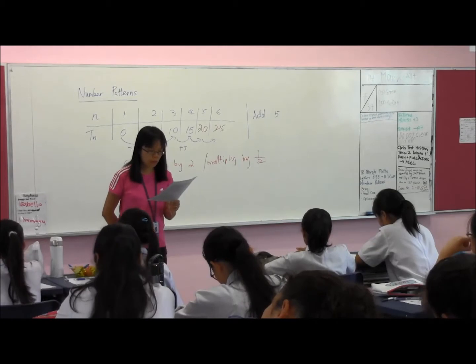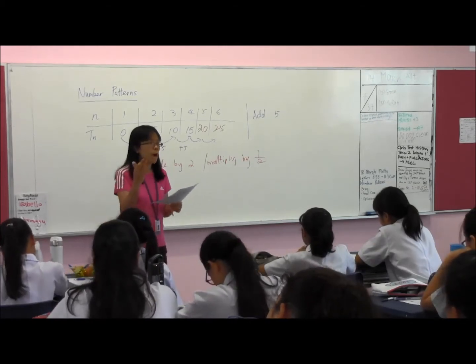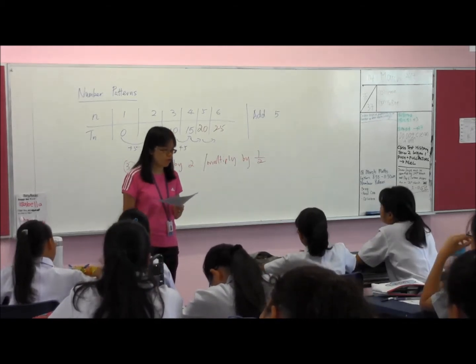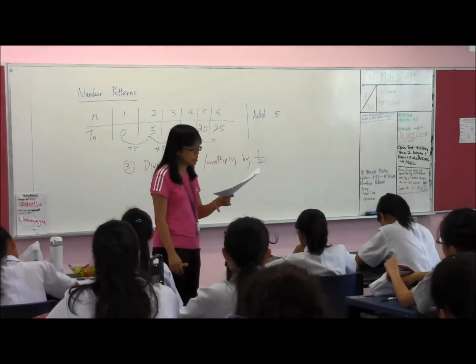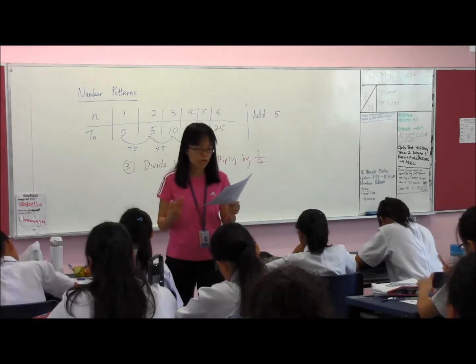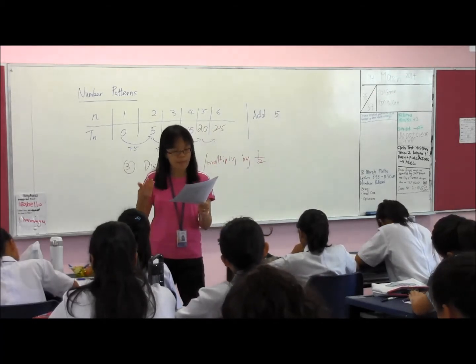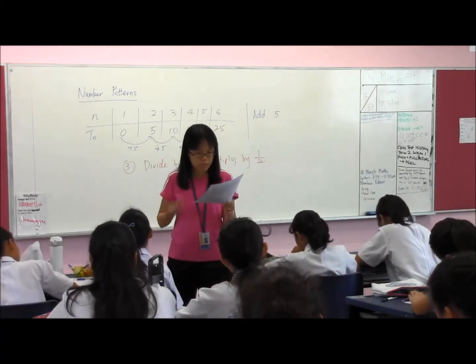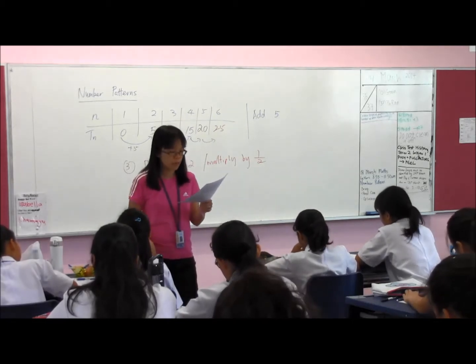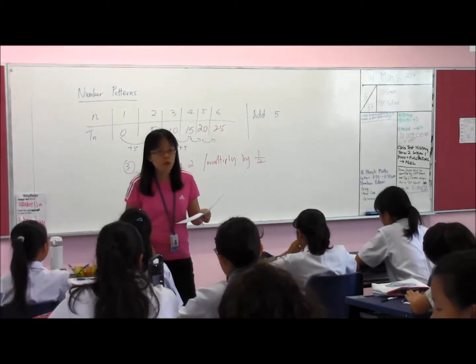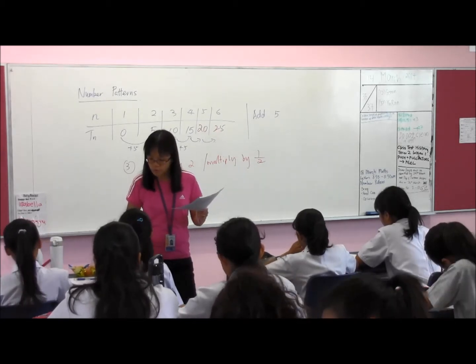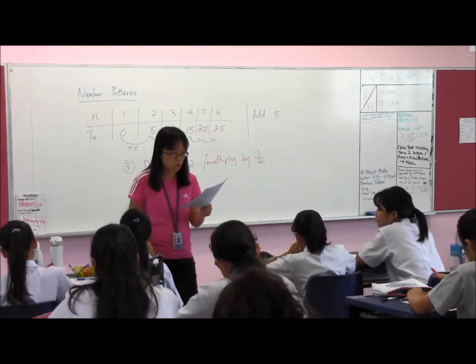Okay, the last one. Multiply by minus 3. Multiply by negative 3. Is there any other answers that you all have? All of you got the same, huh? So minus 4 times minus 3 gets 12. 12 multiplied by negative 3 gets negative 36. So what are the next two boxes? Minus 36 times minus 3, negative 324. Okay, for n equals 5.